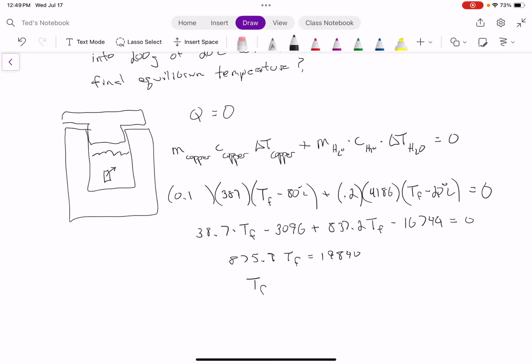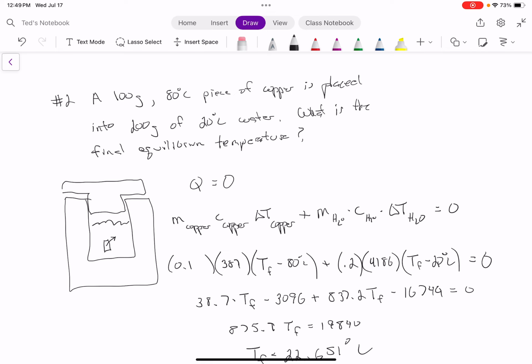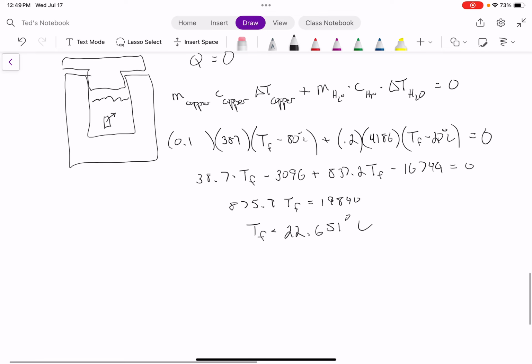So T final is equal to this divided by that, 22.651 degrees Celsius, or let's see, how many significant digits here? It's kind of hard to tell from the problem. Let's just use 3 significant digits in our answer. 22.7 degrees Celsius is the final temperature.